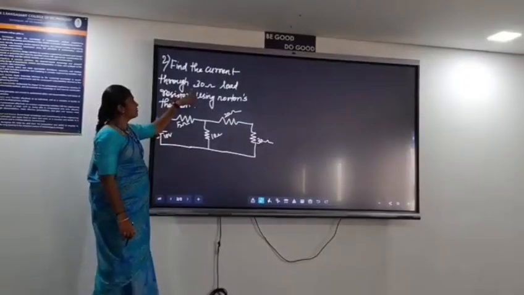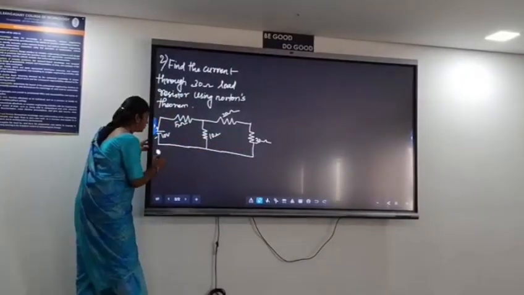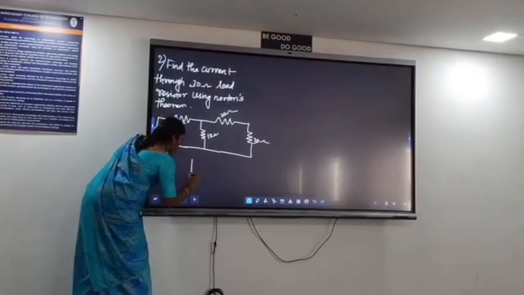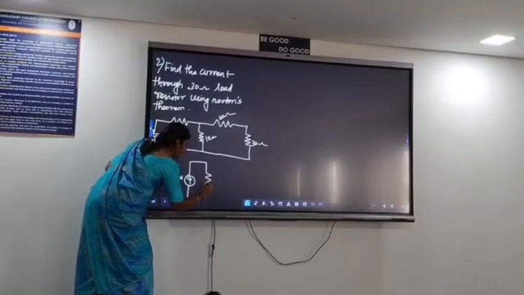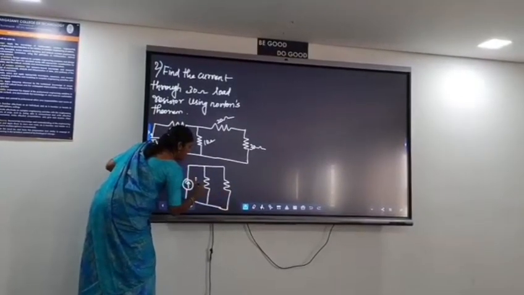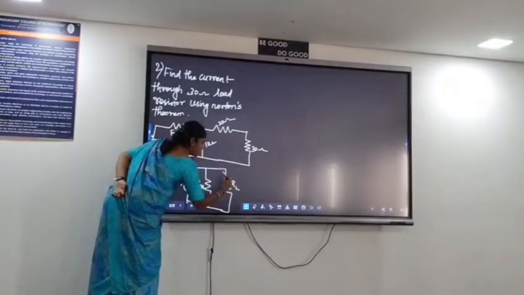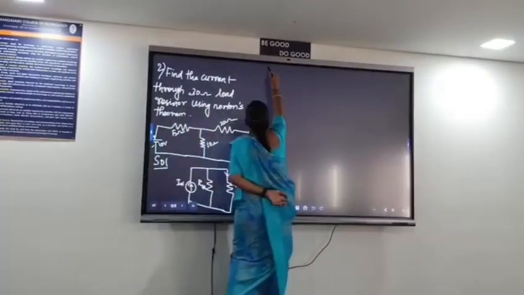Next the question is to find the current across the 30 ohm load resistor. For this, we first draw the Norton's equivalent circuit, which is IN in parallel with the resistance RTH and the load resistance RL. RL is the load resistor here, and IL is the current flowing across the load resistor RL.